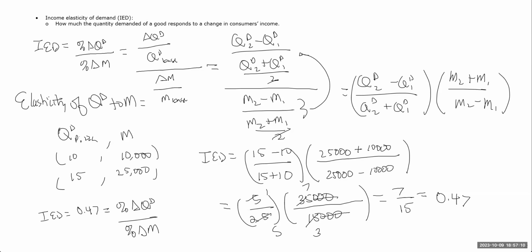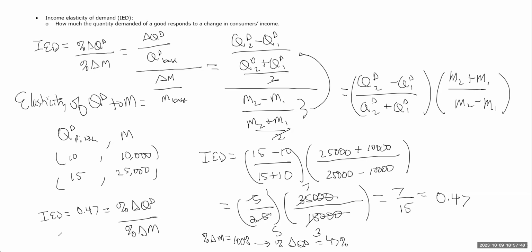For example, if I know income increases by 100%, so we know percent change in income is 100%, then we know the percent change in quantity demanded of pizza will be 47%. Because you get 100%, you multiply it by 0.47, and you get percent change in quantity demanded of pizza.